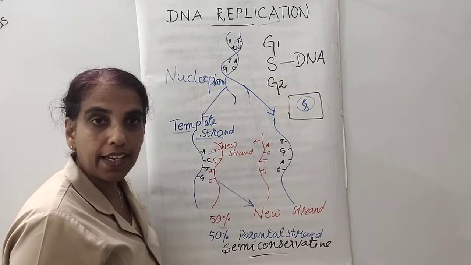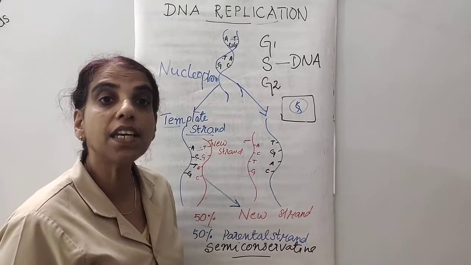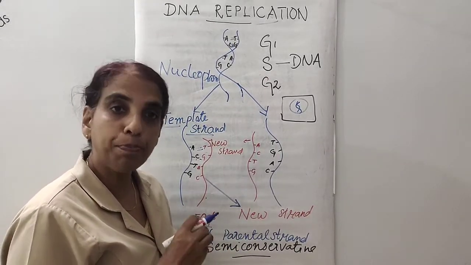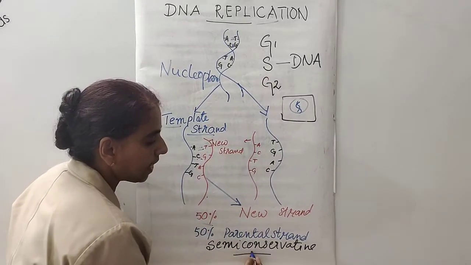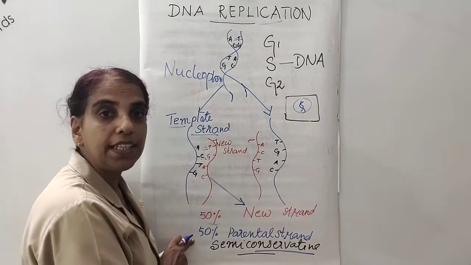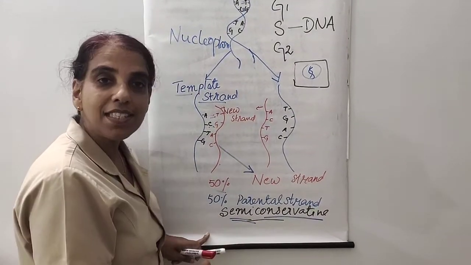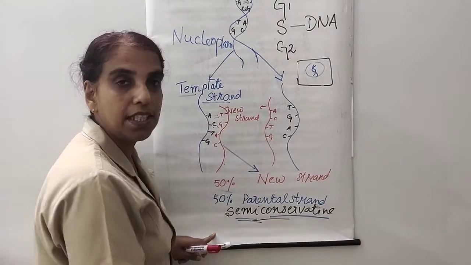What does it indicate? Out of the two strands, one is conserved, one is preserved. Since 50% is conserved, you can call this semi-conservative.